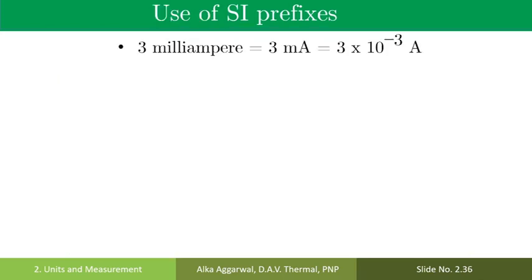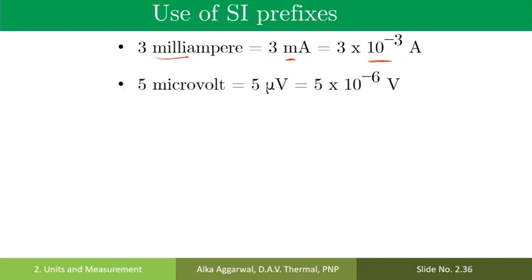For example, 3 milliampere. Here, milli is a prefix which represents 10 to the power minus 3 and its symbol is small m. So, 3 milliampere means 3 into 10 to the power minus 3 ampere. Similarly, 5 microvolt.